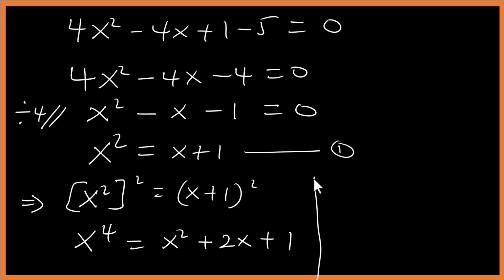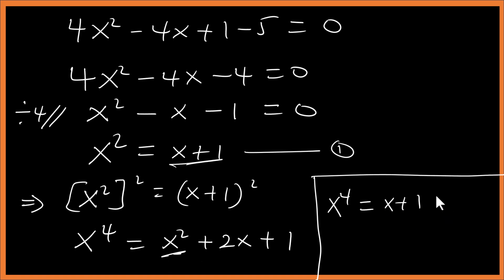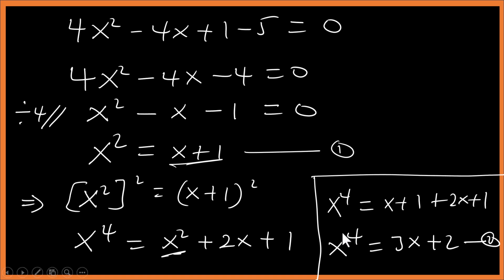Now we can do substitution here. So x to the power 4: we know x squared is x plus 1. So x plus 1 plus 2x plus 1. x to the power 4 is 3x plus 2. Let's call this equation 2. Now we have x to the power 4 here and x squared.